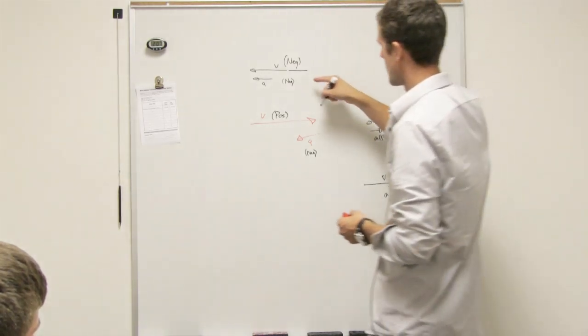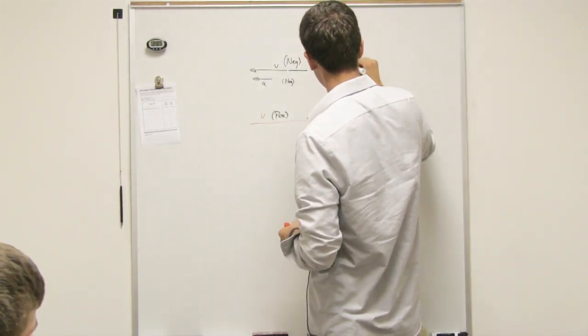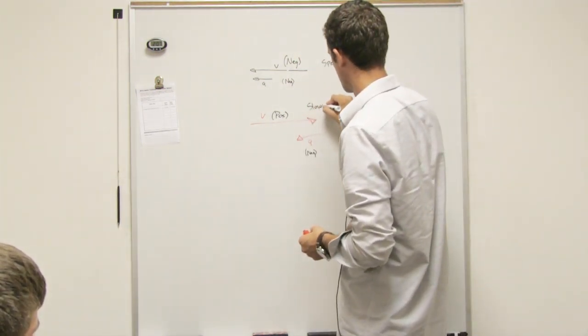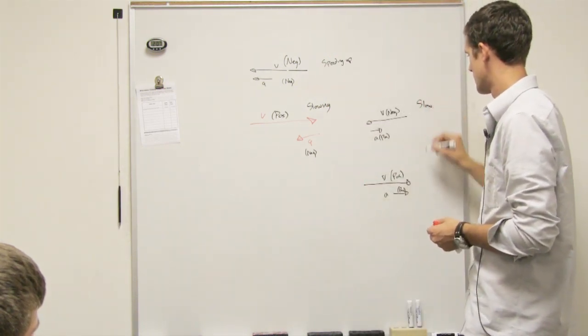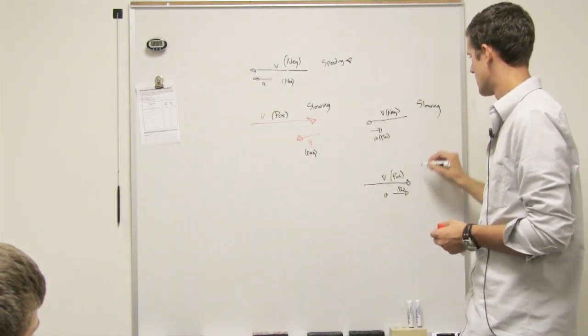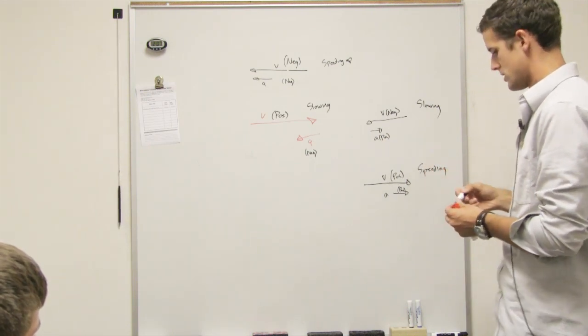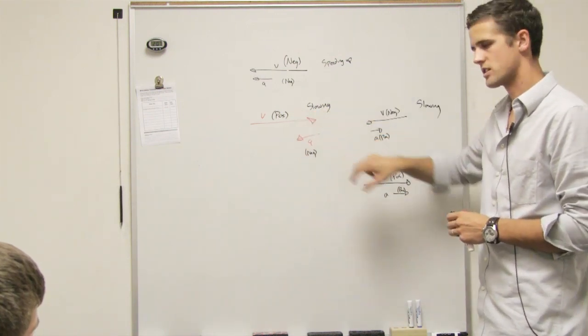So this one, you said we were speeding up just to the left. This one we're slowing down. This one we're slowing down. And this one we're speeding up. So what do you notice about the signs of velocity and acceleration?